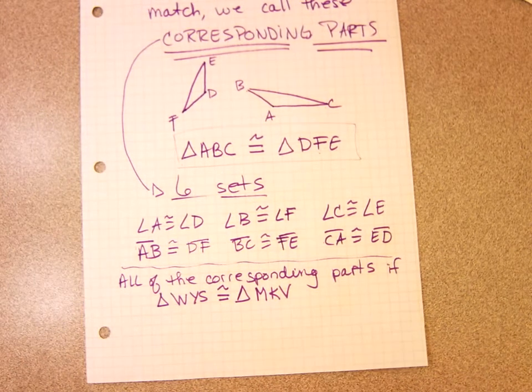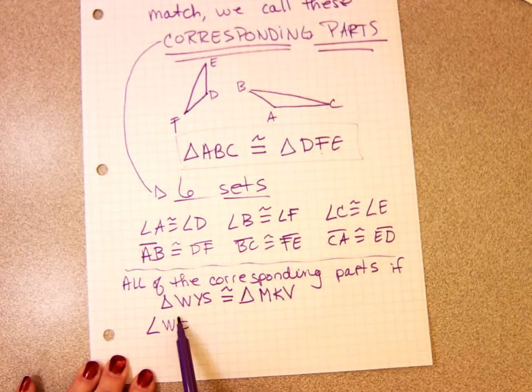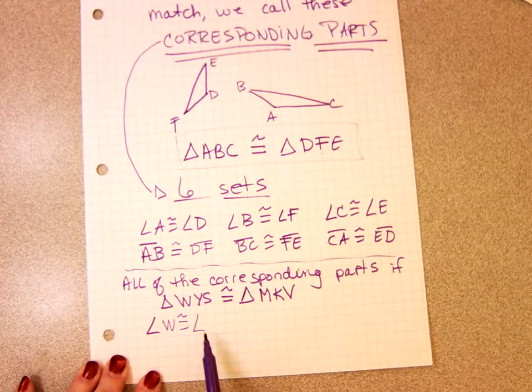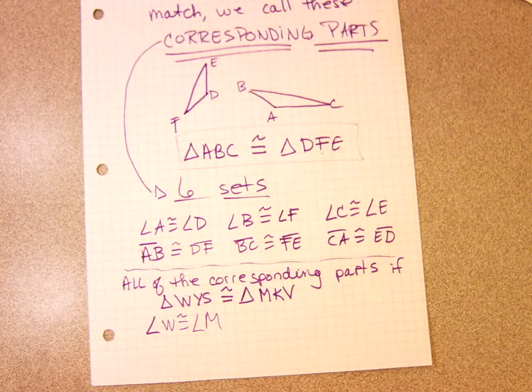Okay, and I'm not going to draw the picture, you're just going to use this statement. I'll start one for you. Angle W is corresponding and congruent to M. Okay, why don't you take a minute and find the rest of them.